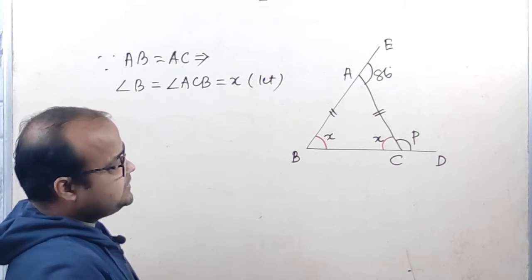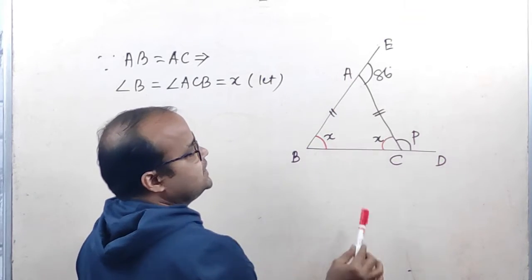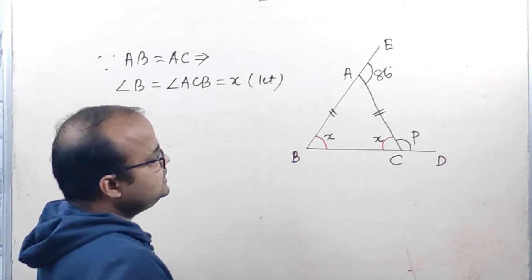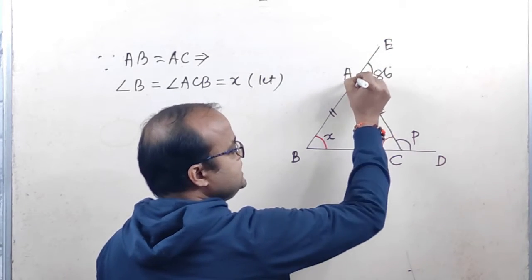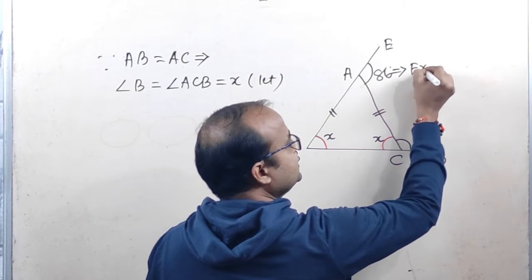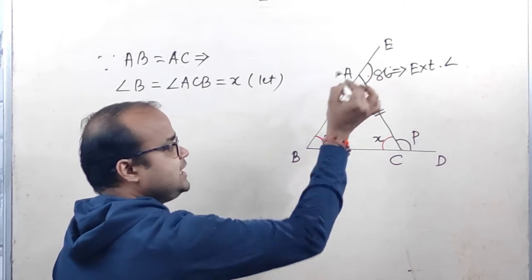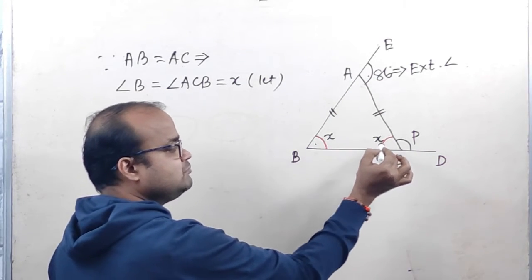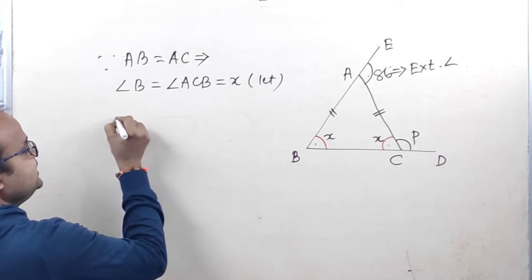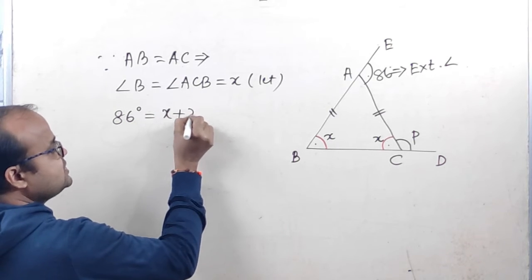Now the first method is, if you extend the side BA to a point E, angle EAC is formed, and this is an external angle, and we know that external angle is equal to sum of internal opposite angles. So we can say that 86 degree equals x plus x.